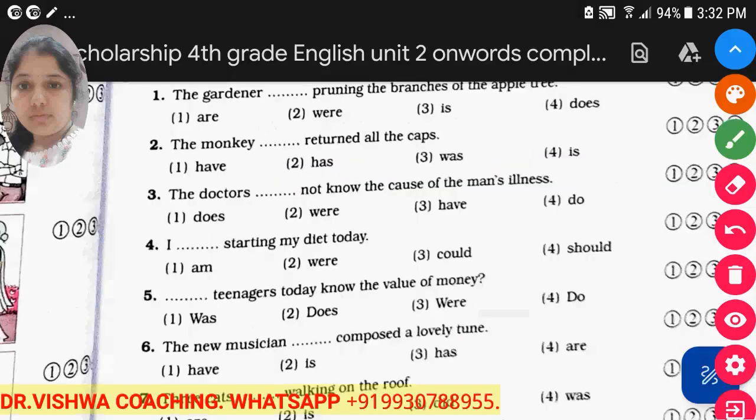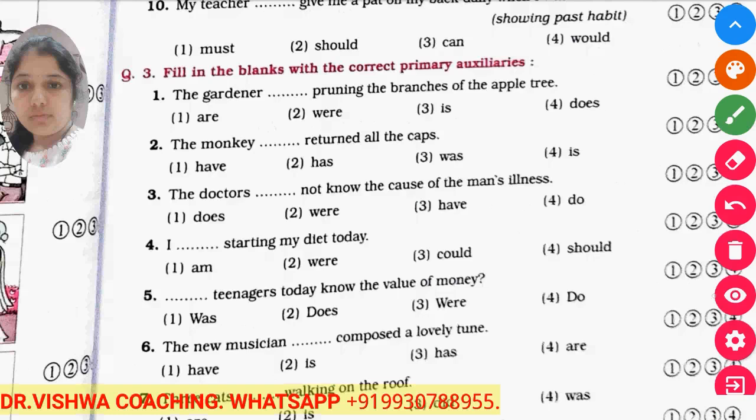So here in the question, fill in the blank with the correct primary auxiliaries, means is, am, are or have, has, do, does. Out of this we have to choose the correct one. The gardener dash dash pruning the branches of the apple tree. Now the given options are were, is and does.